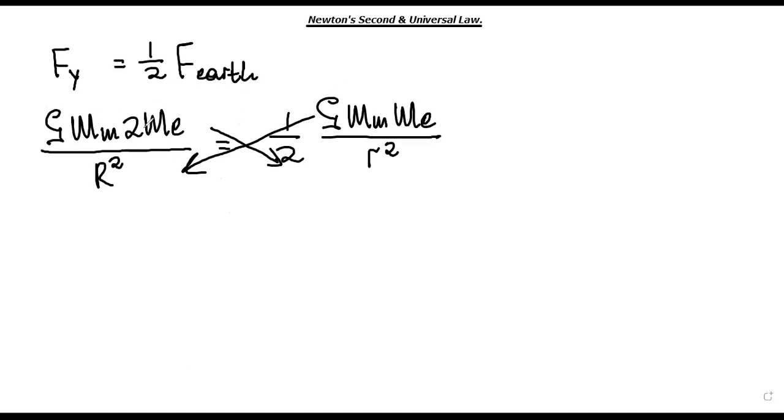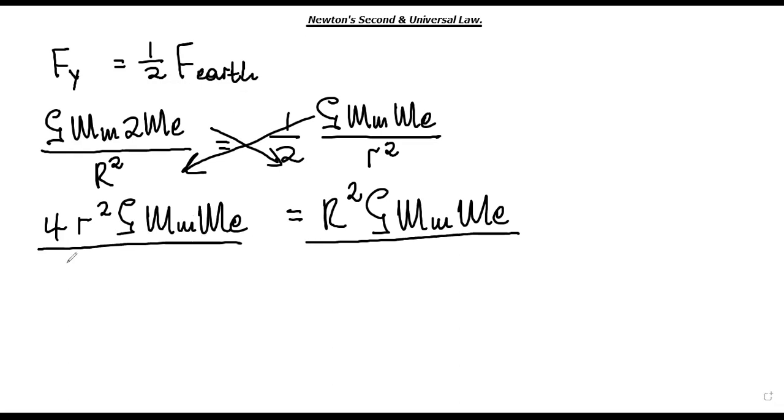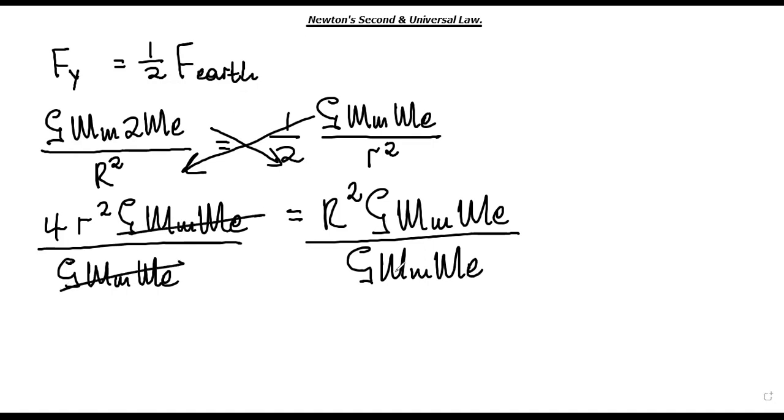So you get 4R squared times GMME on one side, and everything is equal to R squared GMME. Then you divide both sides by GMME, so that these cancel out.